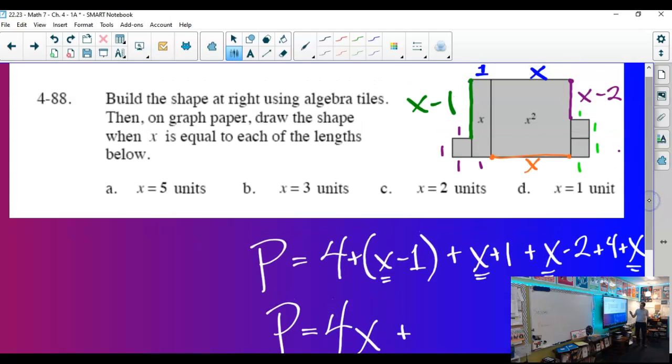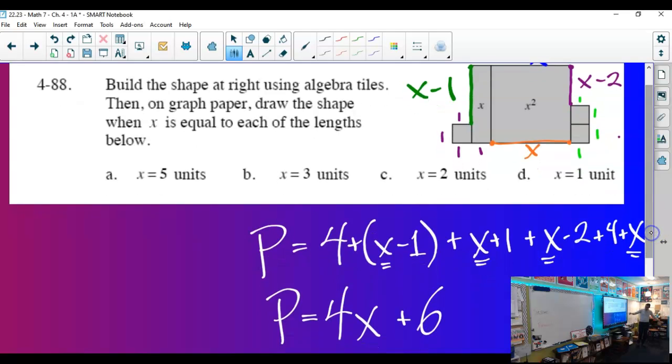Plus, how many 1s do I have? 9. But I've got minus 2 and minus 1 more. So it'd be 6. So when we combine all those like terms, we get 4x plus 6.